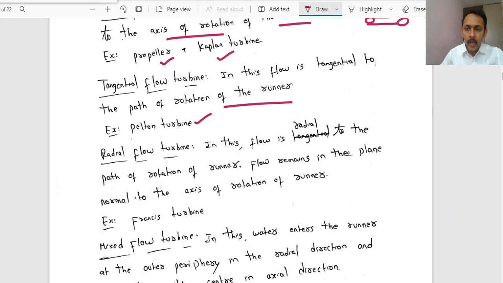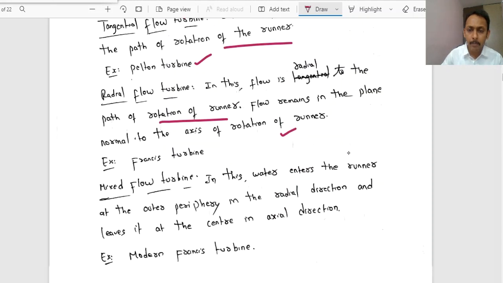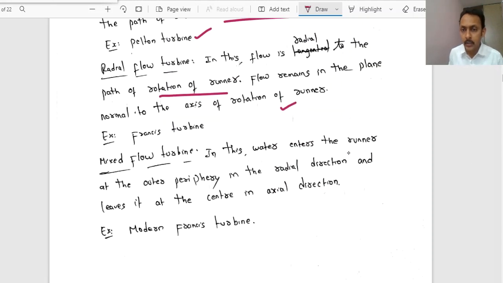In a radial flow turbine, the flow is radial to the path of rotation of the runner, and the flow remains in the plane normal to the axis of rotation of the runner. The example is the Francis turbine. Whereas in the mixed flow turbine, the water enters the runner at the outer periphery in the radial direction, and leaves the runner at the center in the axial direction.